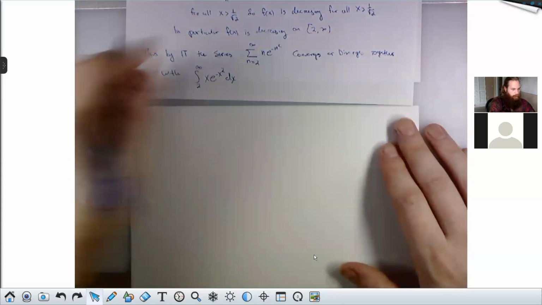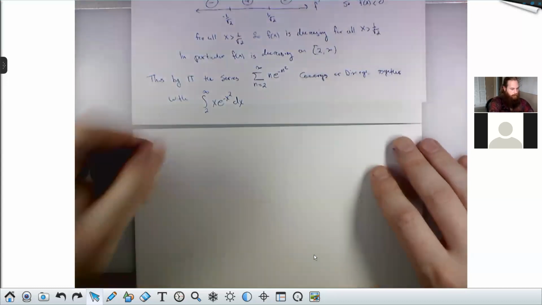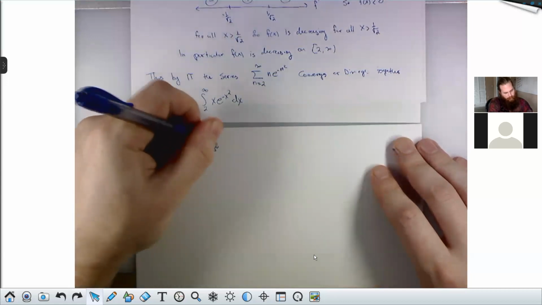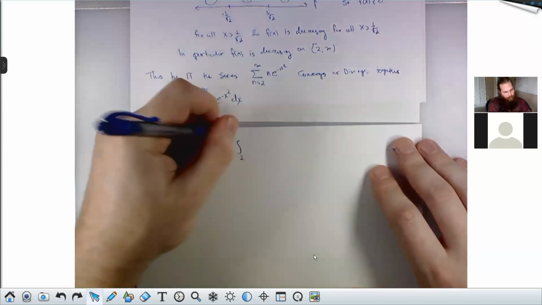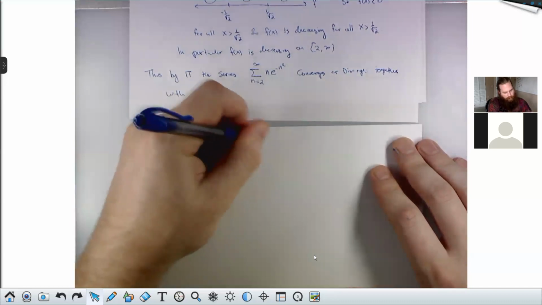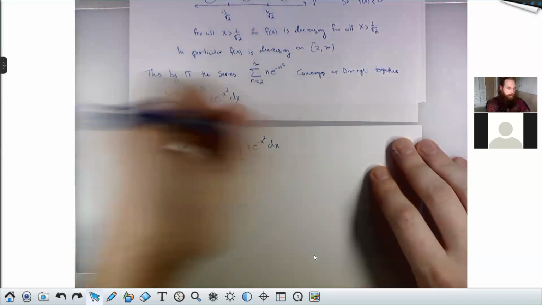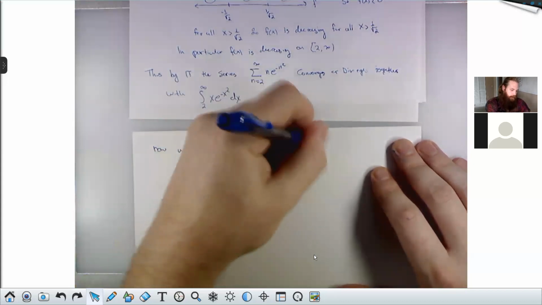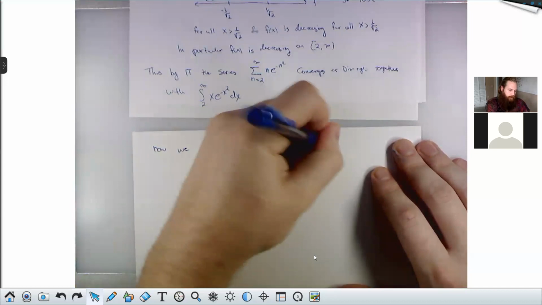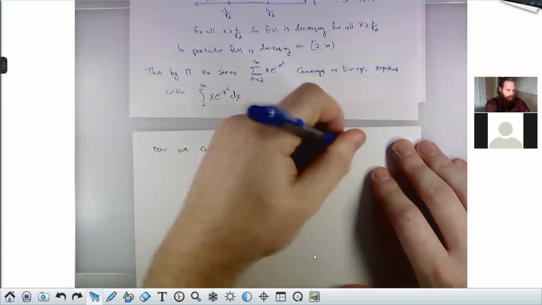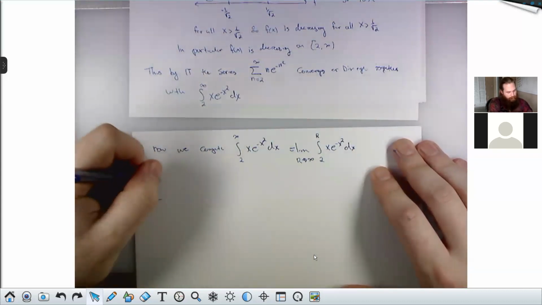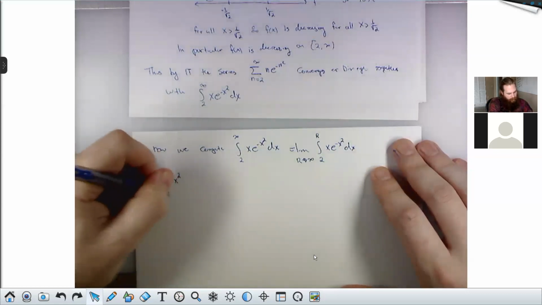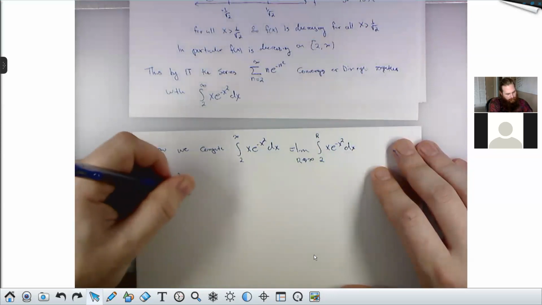So now we compute the integral 2 to infinity x e to the negative x squared dx, which is the limit as r goes to infinity of the integral 2 to r, x e to the negative x squared dx. I'm going to make the substitution z equals x squared. dz is then 2x dx.